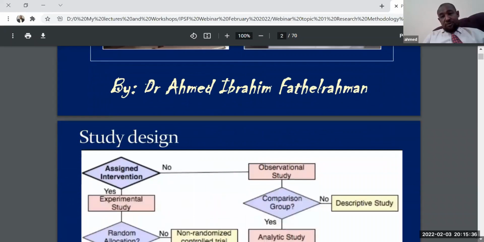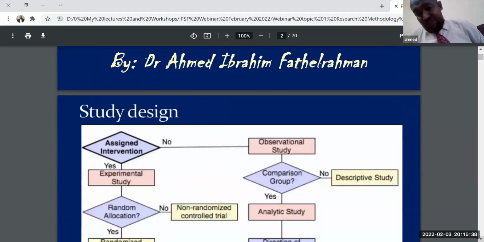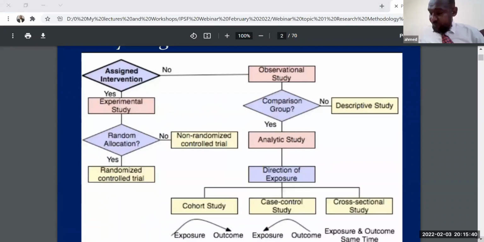So first, I will talk about the main types of designs commonly used in research, based on whether there is intervention or no intervention. Designs can be divided into observational or experimental.